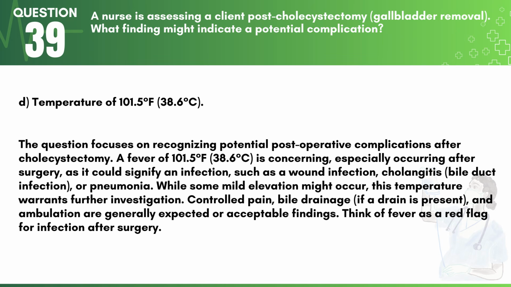While some mild elevation might occur, this temperature warrants further investigation. Controlled pain, bile drainage, if a drain is present, and ambulation are generally expected or acceptable findings. Think of fever as a red flag for infection after surgery.